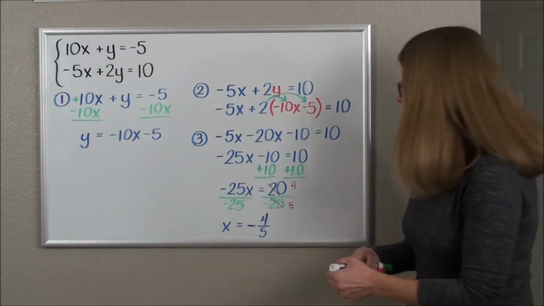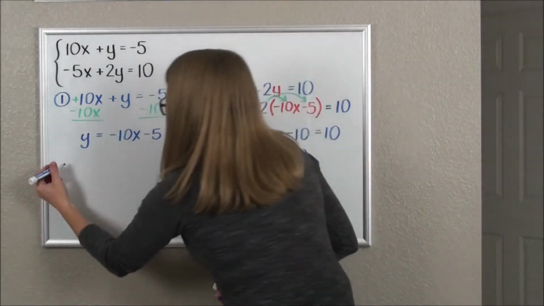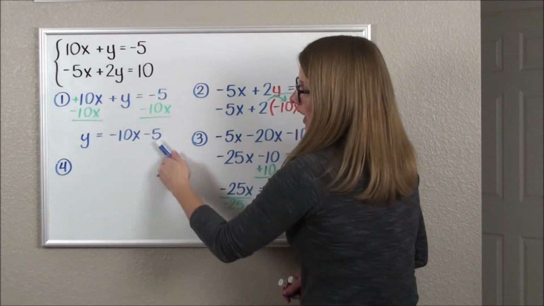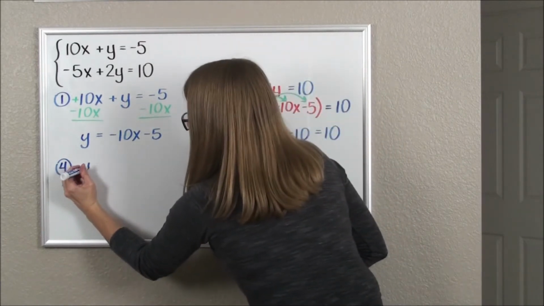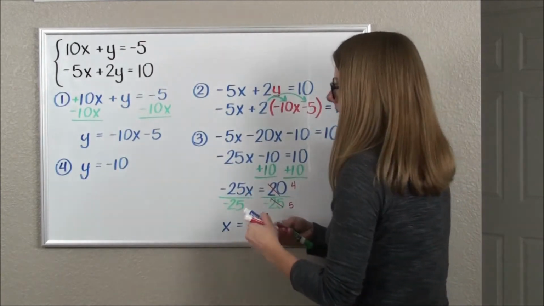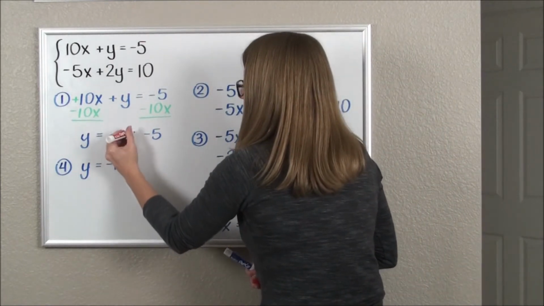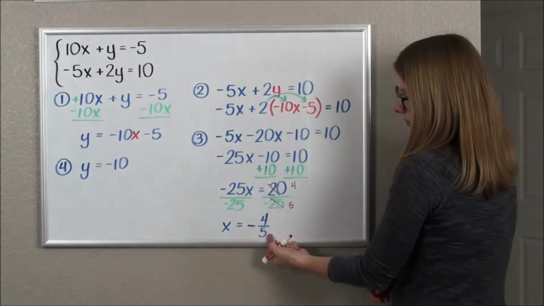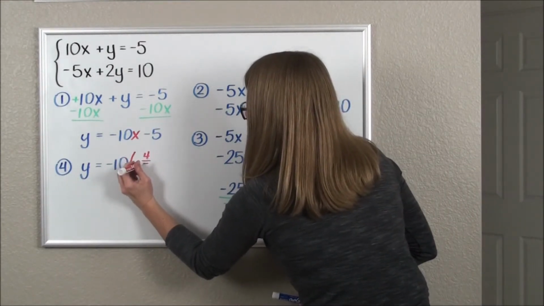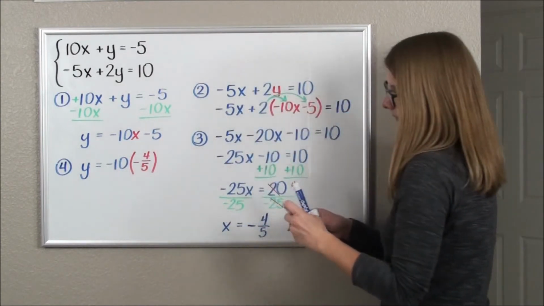But we're not done yet. We do have to come full circle, taking our step 4. We begin by looking at where we left off in step 1 and picking up from there where we had the letter x before. We now replace it with this new number that we know x equals. We're going to replace it with negative 4/5.